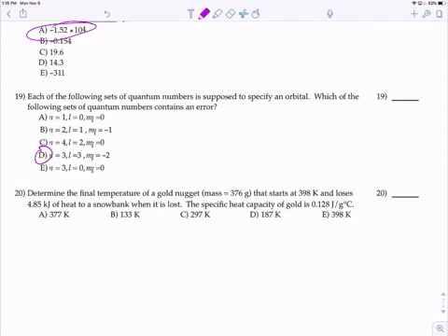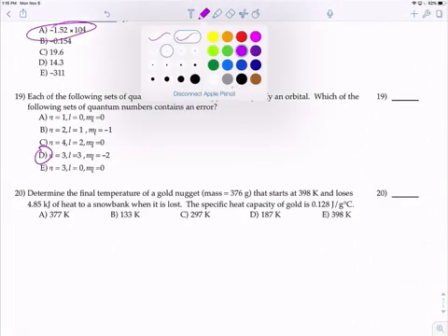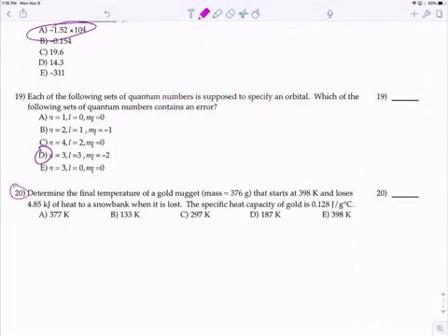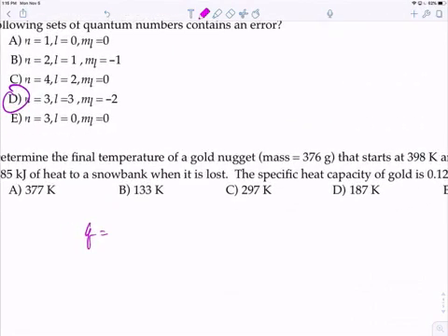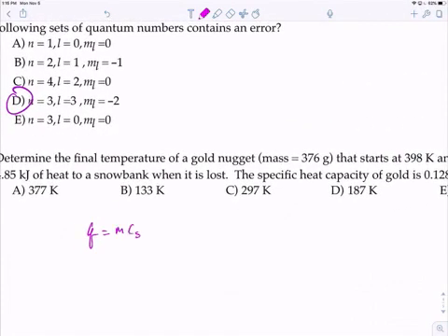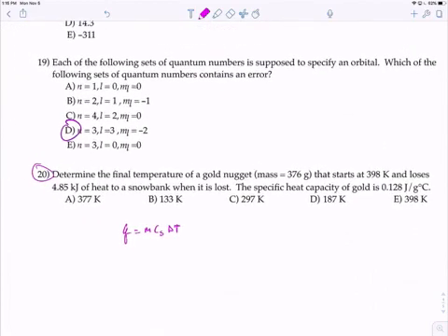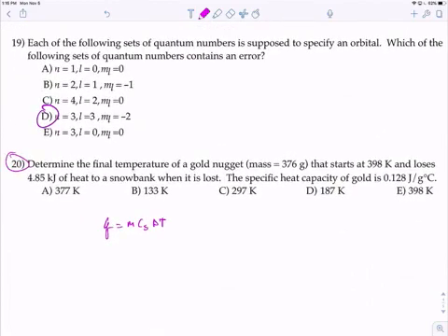Determine the final temperature of a gold nugget that starts at 398 Kelvin and loses 4.85 kilojoules of heat to a snowbank. So Q is m c s delta T. And what's the final temperature? So our heat, m c s, final minus T initial.